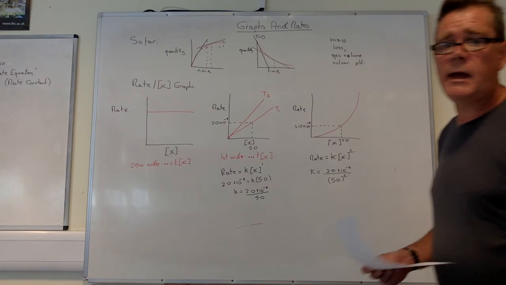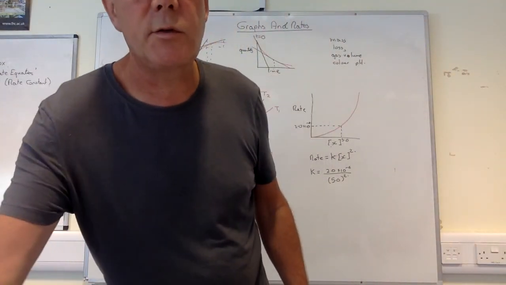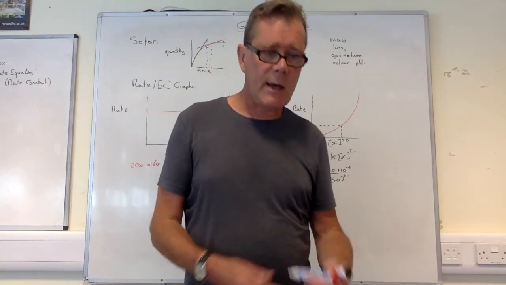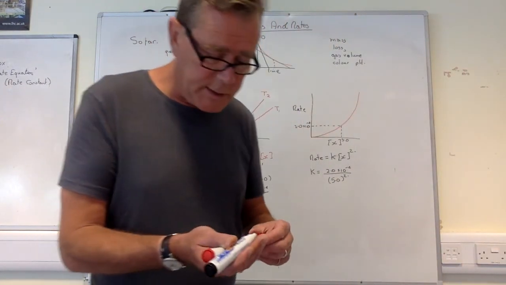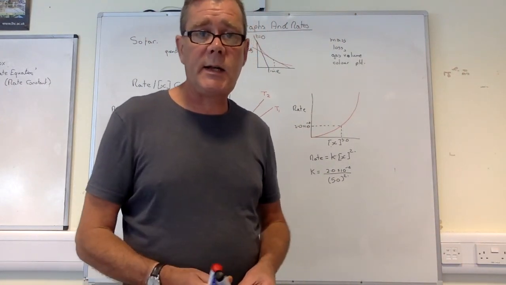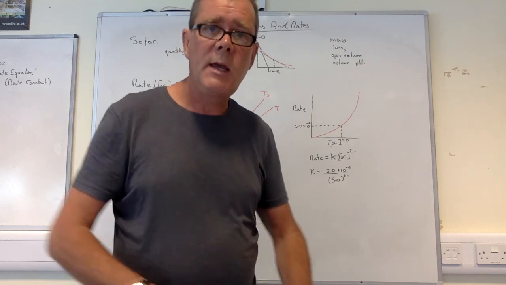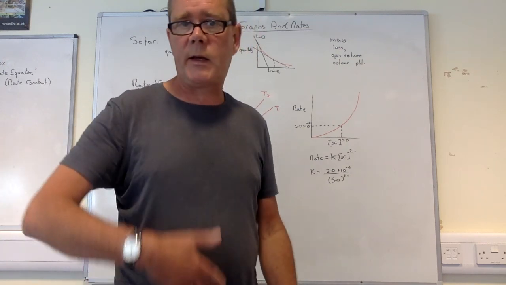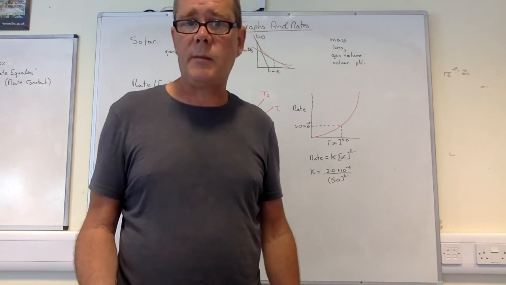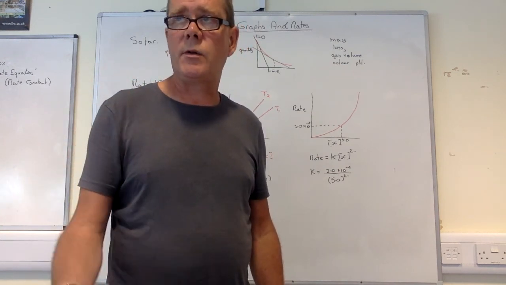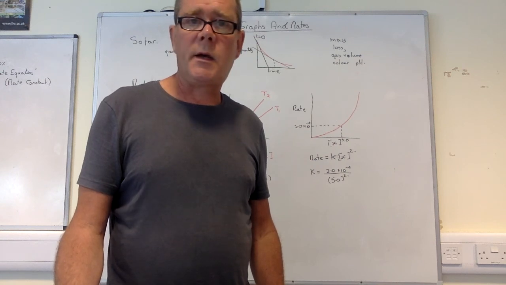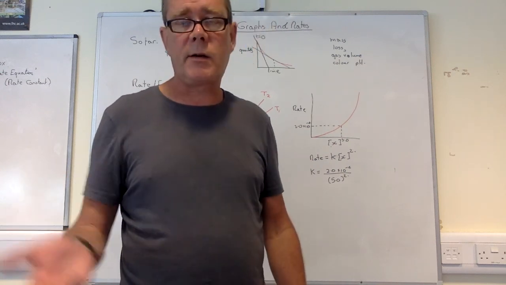Now I've covered every eventuality with those graphs as far as I'm aware. This gives you an idea, well, more than an idea, it tells you exactly the sort of things graphs can show. But again, practice makes perfect. These graphs are all over the papers, and they'll ask you to deduce, maybe do a tangent and then a gradient to calculate the rate.